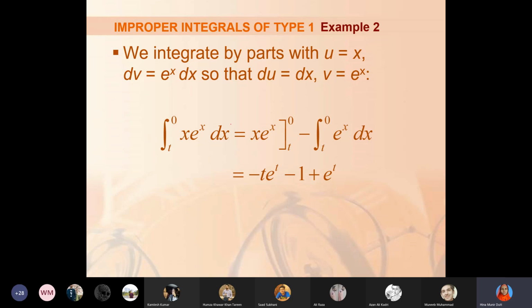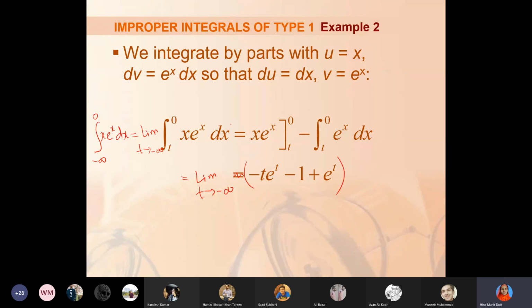Basically, here is your question, minus infinity to 0 x e power x dx is equal to limit t approaches to minus infinity, right? And then here you will get, is equal to limit t approaches to minus infinity.